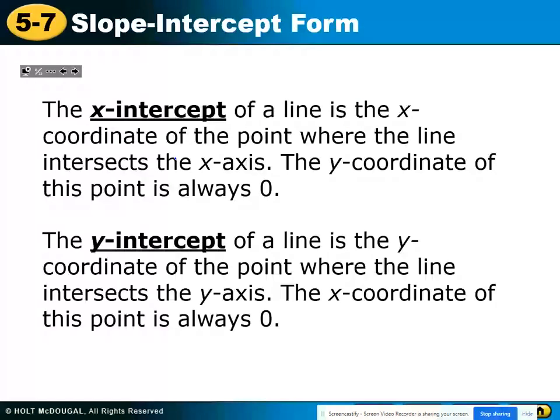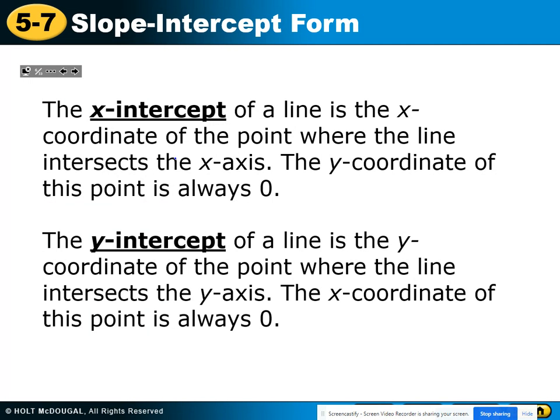So, here's the reading here. The x-intercept of a line is the x-coordinate of the point where the line intersects the x-axis. The y-coordinate of this point is always 0. The y-intercept of a line is the y-coordinate of the point where the line intersects the y-axis. The x-coordinate is always 0.